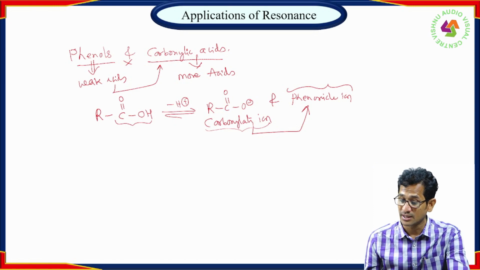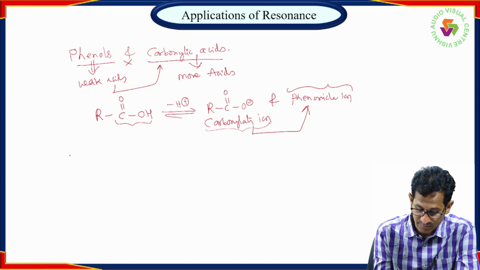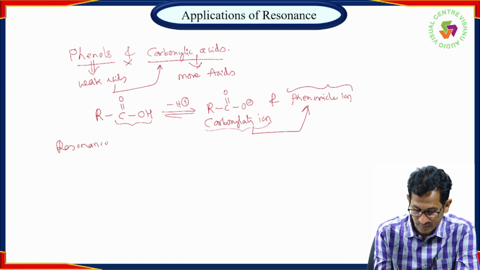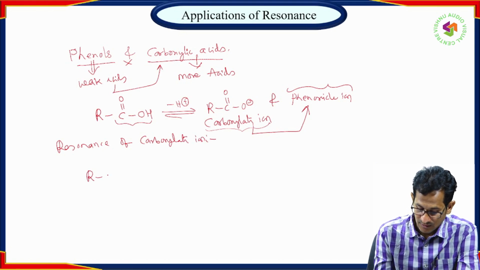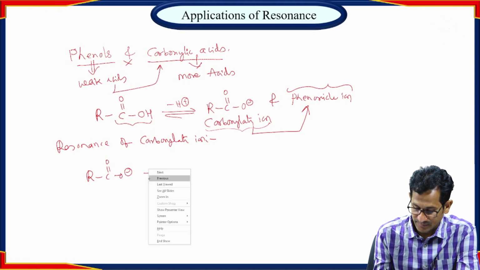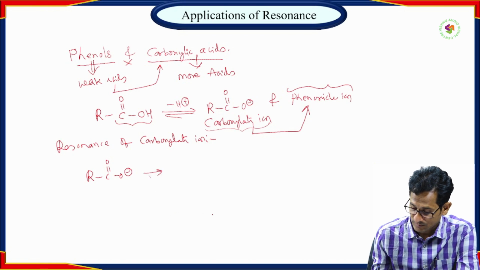Now we will discuss the resonating structures of the carboxylate ion. Resonance of carboxylate ion: R C double bond O, O minus. Right?